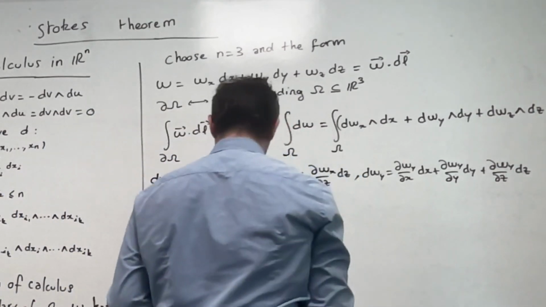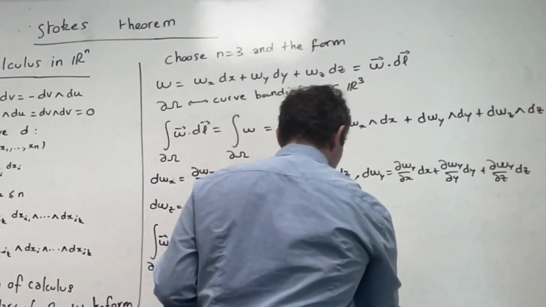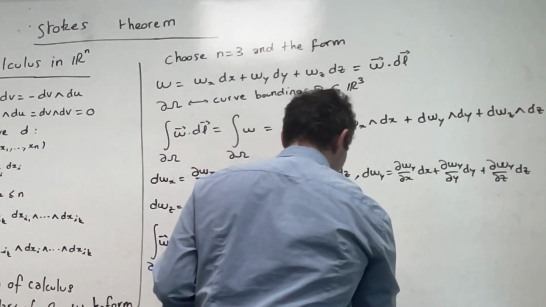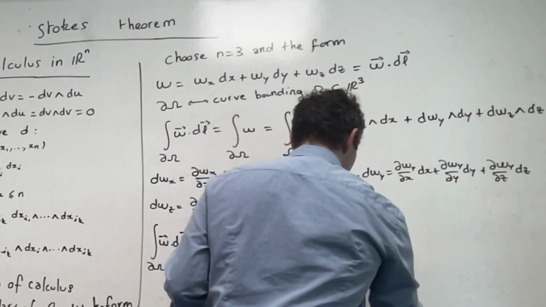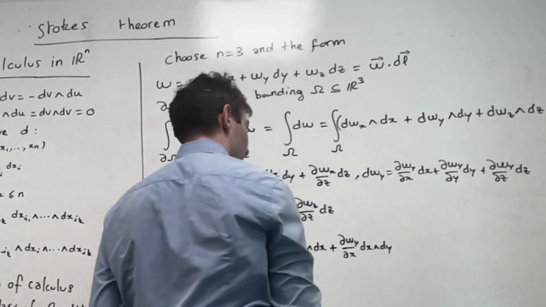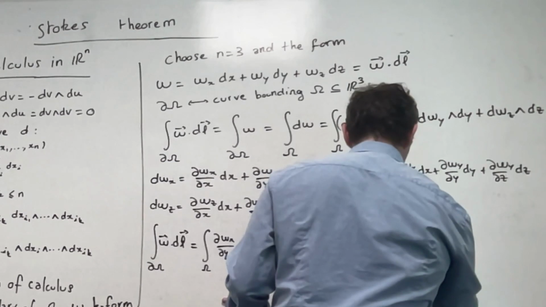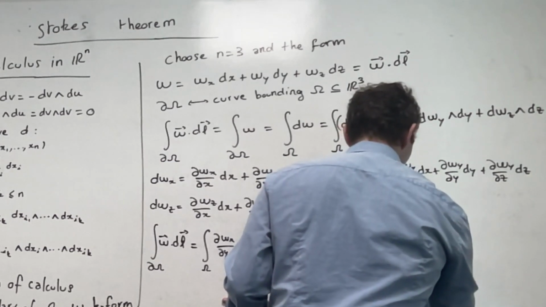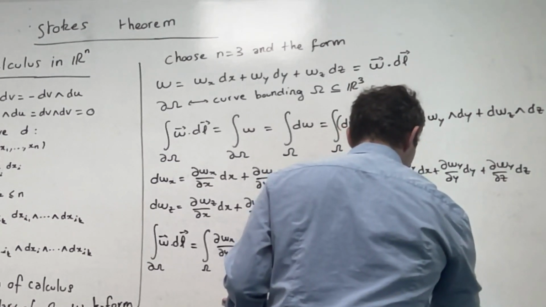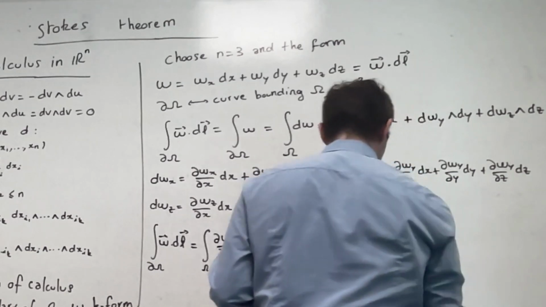So plus ∂ωy/∂x dx wedge dy, and then plus ∂ωy/∂z dz wedge dy.